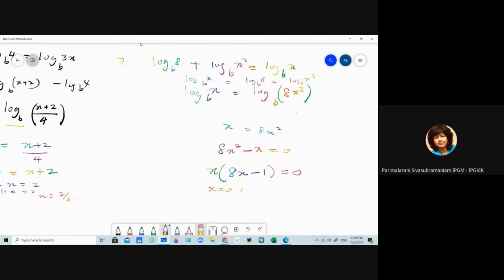So we have two factors here: x is equals to 0 or 8x minus 1 is equals to 0. So there are two answers: x is 0 or x is 1/8. Whenever you see this kind of question, you must factorize it, okay? You cannot just eliminate the x by cancelling.